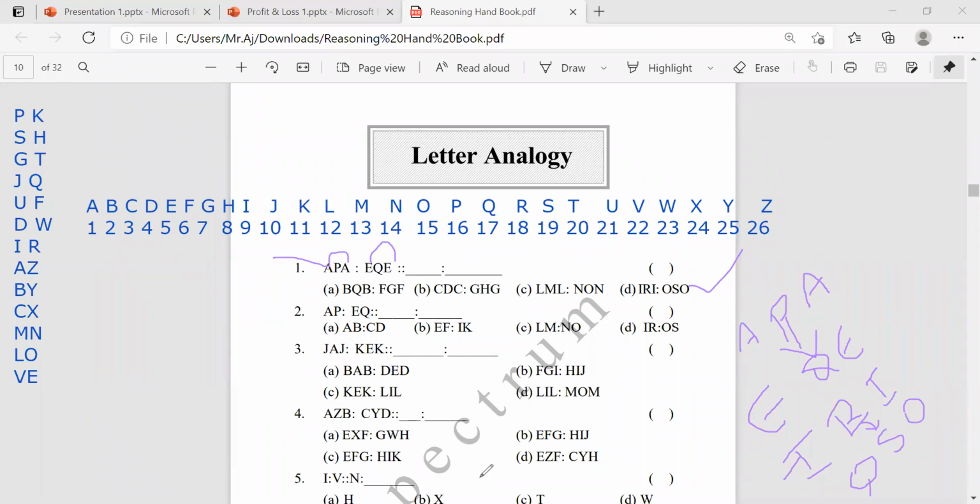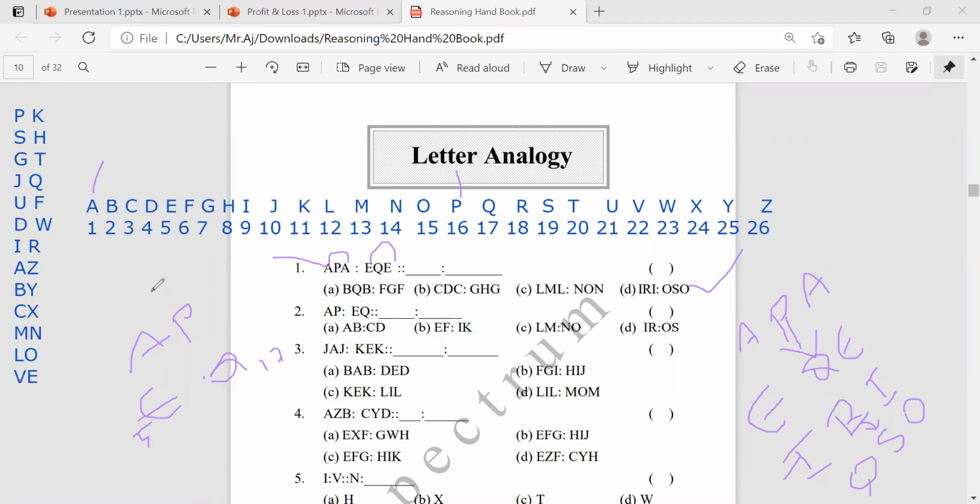Sorry for this one. See guys, what you were saying for the second is the answer AP. A is there, A is over, and similarly P is there. AP: take the number, it is 1 and it is 16. And E is 5 and Q is 17.